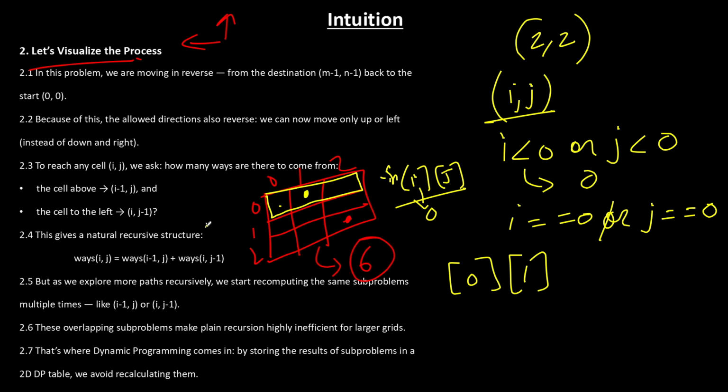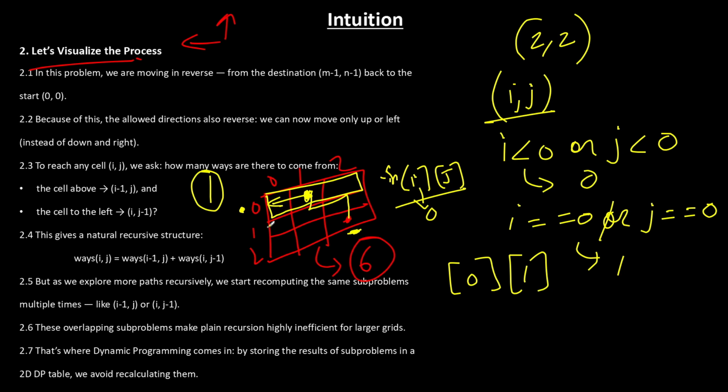So if you started from here, and you came this way, then this way, then you're standing here. That means there is only one possible way, that you will go here. So this complete path will make one way to reach from the ending position to the initial position, correct? So that is why you will return 1. This is our base case.